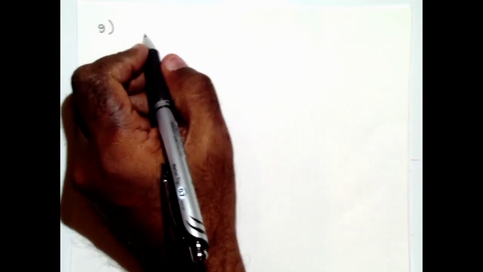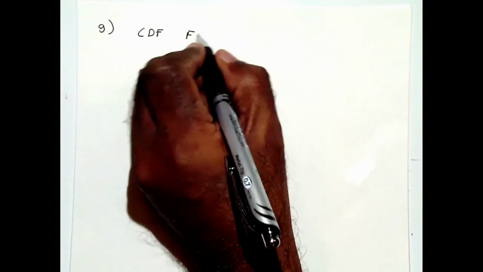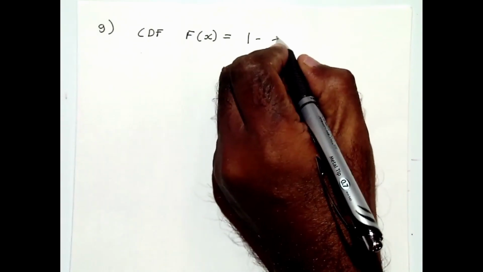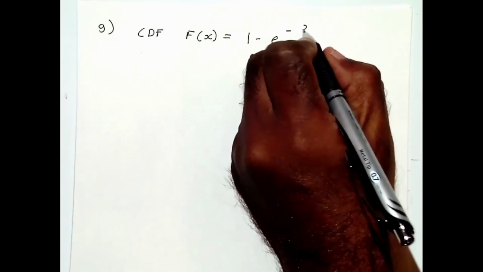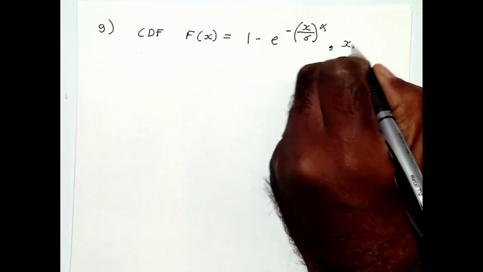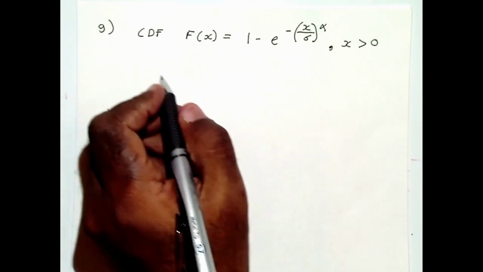Let's move on to the next one, which is question 9. Right, you can see it, yes. So here the CDF is given by the following. Right, and this distribution is known as the Weibull distribution.